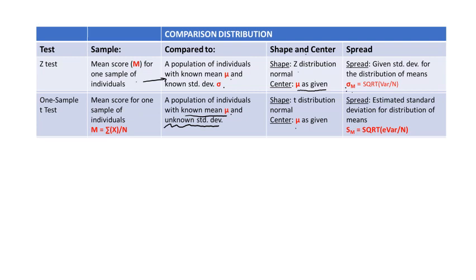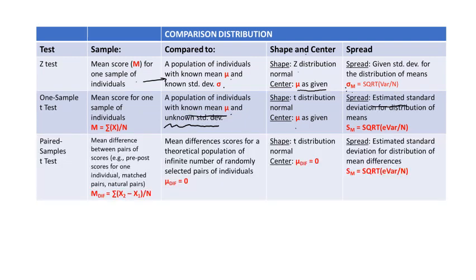But the spread we had to estimate based on the distribution of means. And so we referred to it in brief as EVAR divided by n. And you recall that going back to the standard deviation, we calculated it by dividing sum of squares by degrees of freedom. Next, we had the paired samples t-test.